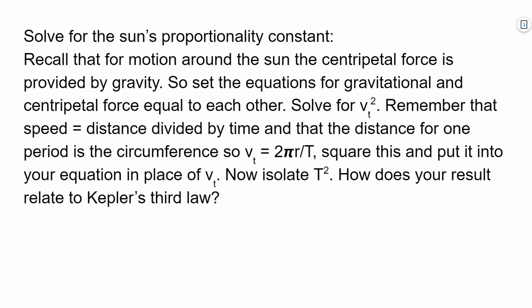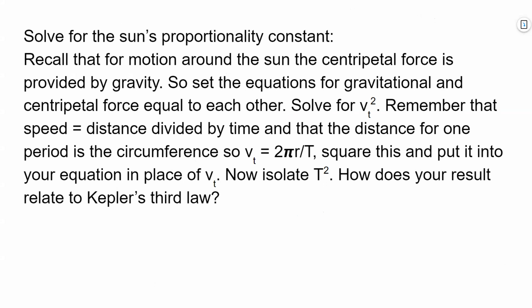Recall that in motion around the sun, centripetal force is the force provided by gravity, which means we can take the equations for the force of gravity and centripetal force and we can set them equal to each other. Once we do that, we can solve for tangential velocity.